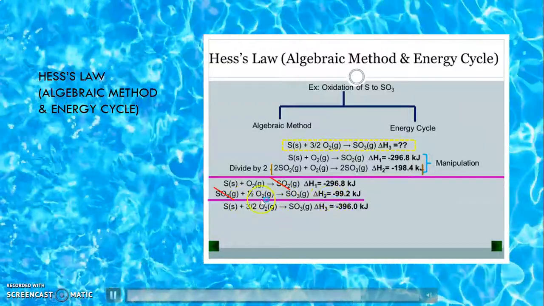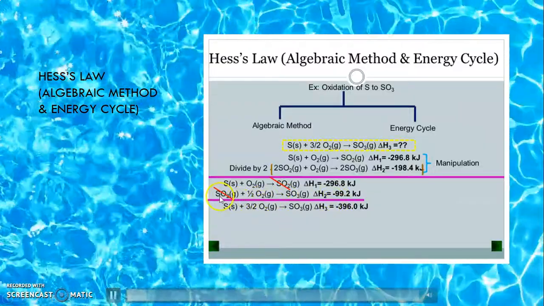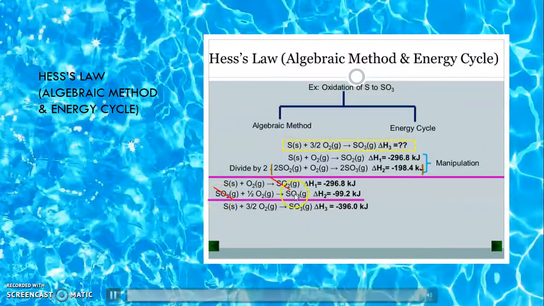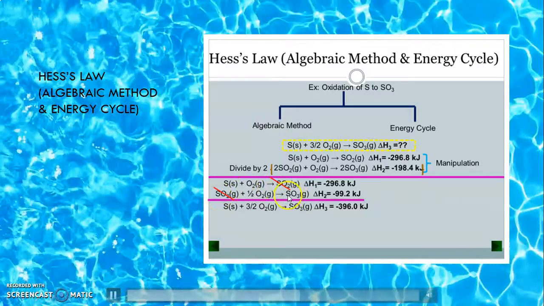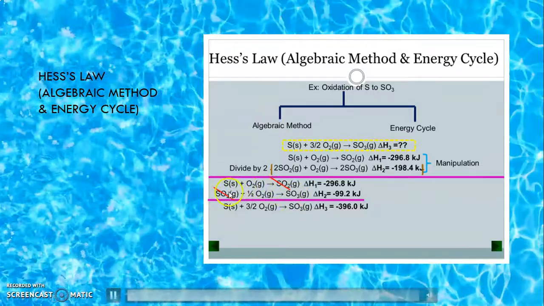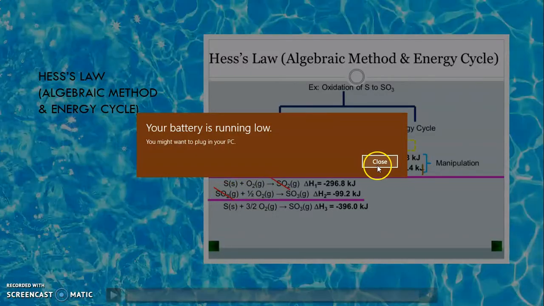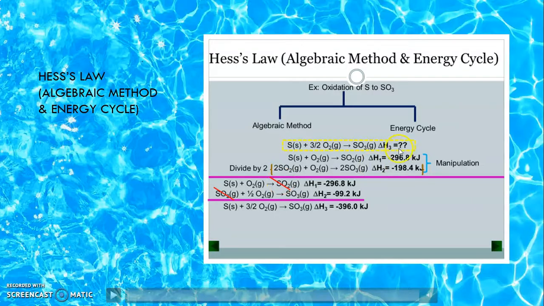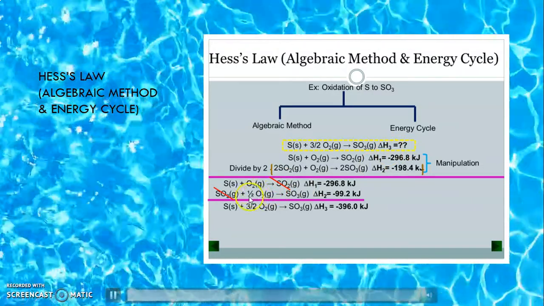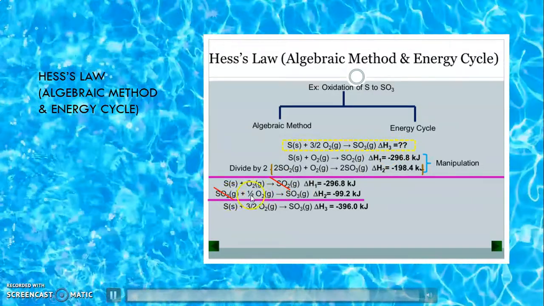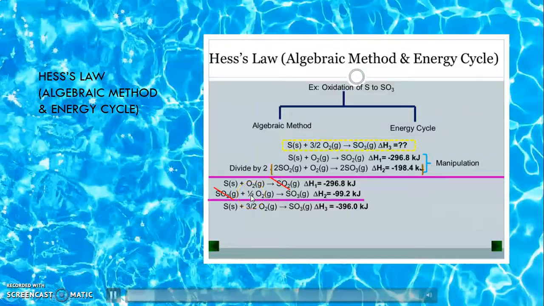Now here you can see that we only need 1 mole of sulfur trioxide, from 1 mole of sulfur dioxide and half a mole of oxygen.